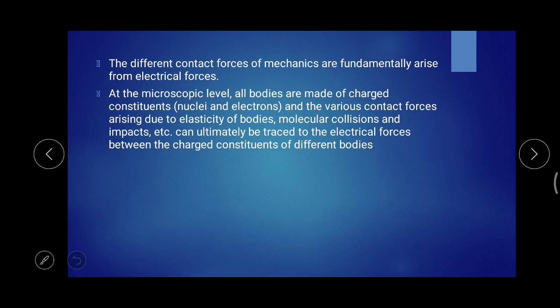The various contact forces arise due to the elasticity of these bodies, molecular collisions and impacts. So ultimately we trace them to electrical forces between the charged constituents of the different bodies. So at the microscopic level, all these contact forces arise due to electrical phenomena between the bodies. Okay.